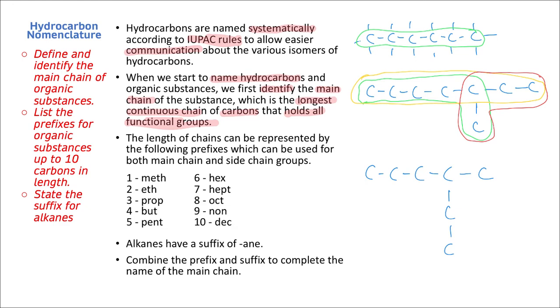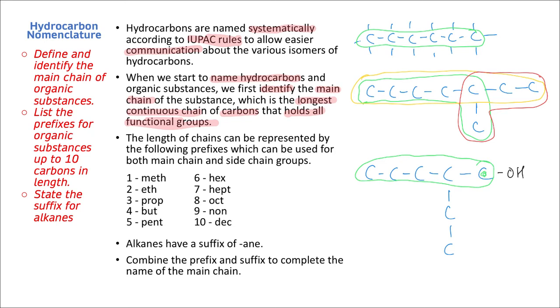So that is how to identify the longest continuous chain that holds all of the functional groups. Looking here, if we go back a bit and draw something special onto this one, the alcohol functional group, that means the longest continuous chain with that particular functional group has to include this carbon here.